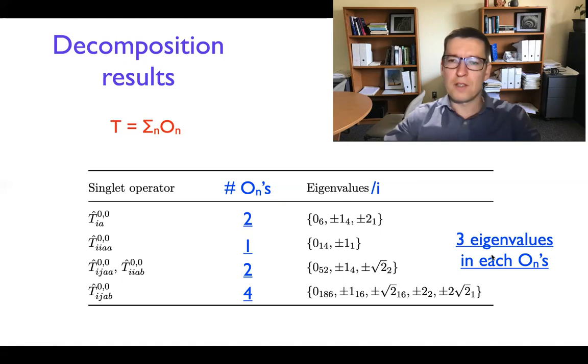So looking at the spectrum, you can realize that the O's you need to take are going to contain 3 eigenvalues.